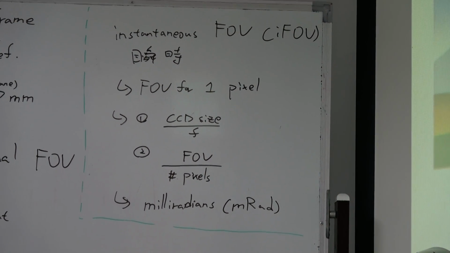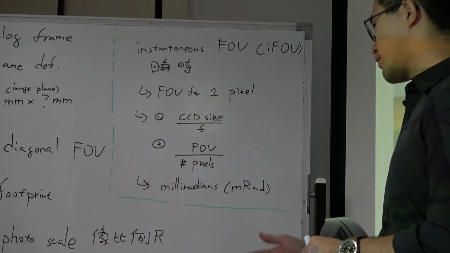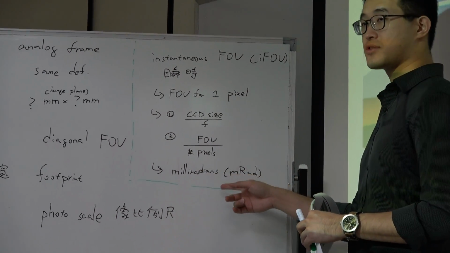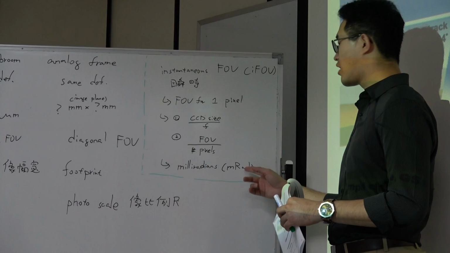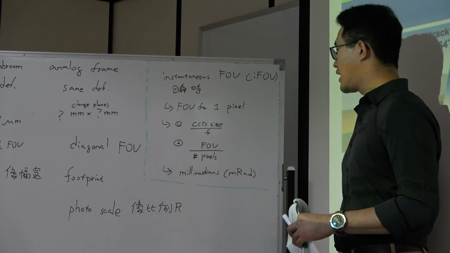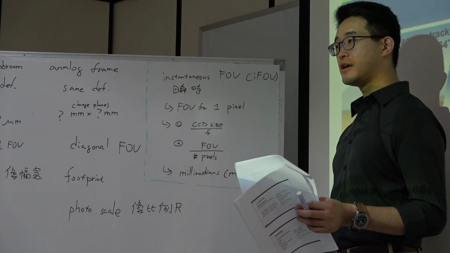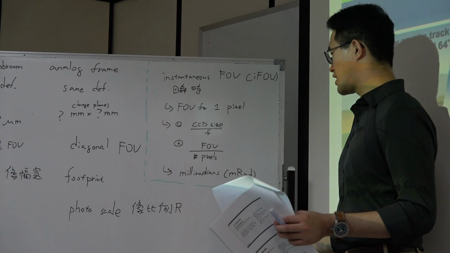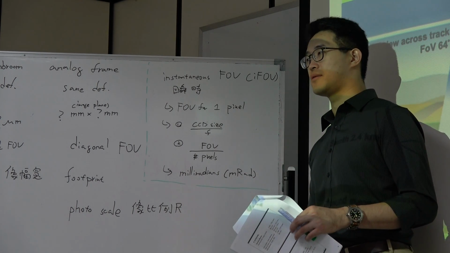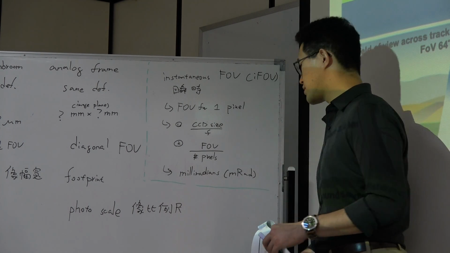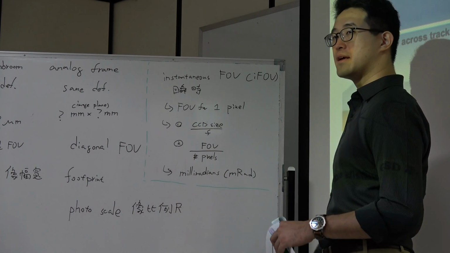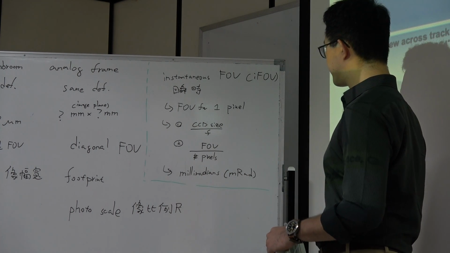We usually represent the IFOV with milliradians, MRAD, milliradians. Radians, for those of you who know Chinese, is called 弧度.